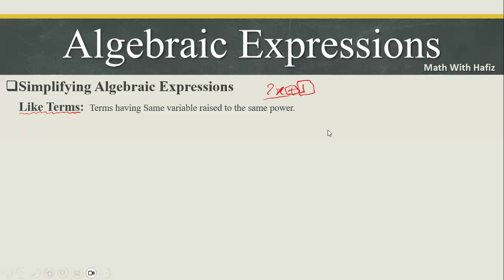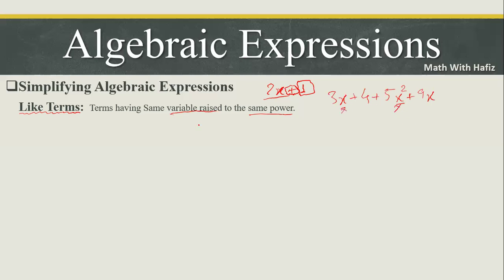While you are adding or subtracting, you should know that like terms are terms which have the same variable and the same power. For example, if you had 3x plus 4 plus 5x squared plus 9x, though we have the same variable, 3x and 5x squared are not like terms.